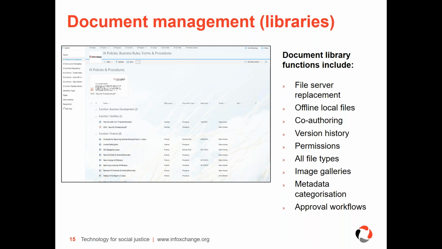You can have offline access to the files if you wish, using one of the other features of the Office 365 product suite, their OneDrive sync tool. And that sync tool is all about synchronizing a local copy of a file with the online copy of the file and ensuring that whenever anybody's looking for something, they're always looking at the most current recent version of the file. As I mentioned earlier, there's co-authoring, and that was a game changer for a lot of organisations.